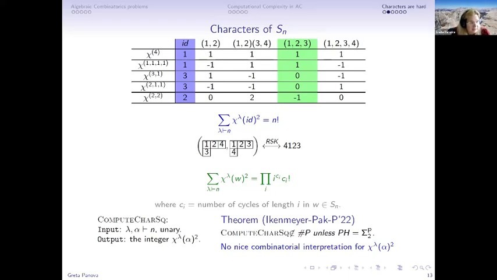So characters being 0 is a powerful problem which contains many others. Characters take all sorts of values, and you can play around with them to represent whatever function you want. In that sense, that's why they're so complicated.